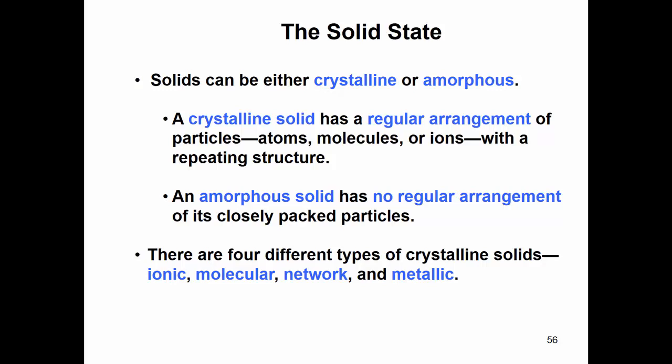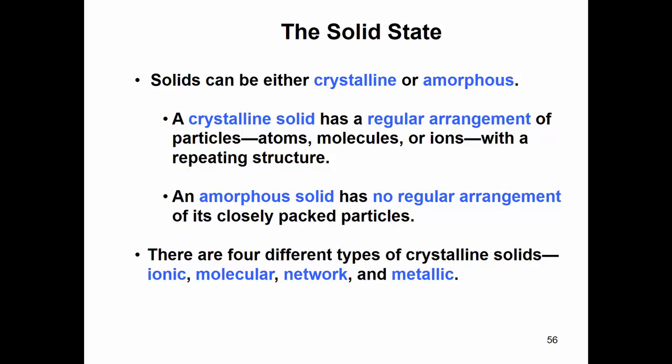Amorphous means that there's no regular arrangement of its closely packed particles. So we know that solids are closely packed together, rigid molecules, but basically they can be ordered or amorphous, not so ordered. There are 4 types of crystalline solids, and we're just going to look at those real quickly just for you to see them, and then we'll look at what an amorphous solid looks like.